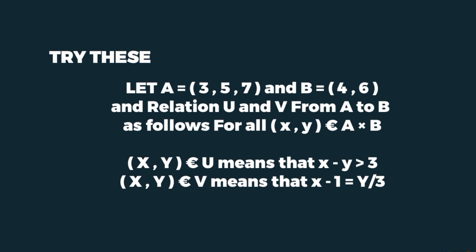And relations U and V from A to B are defined as follows: for all ordered pairs (x, y) in A × B, (x, y) is an element of U means that x minus y is greater than 3. And (x, y) is an element of V means that x minus 1 equals y over 3.